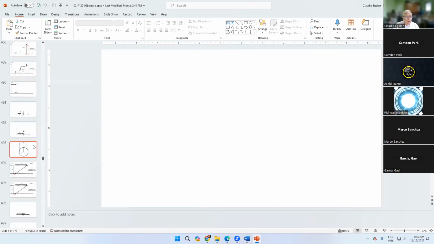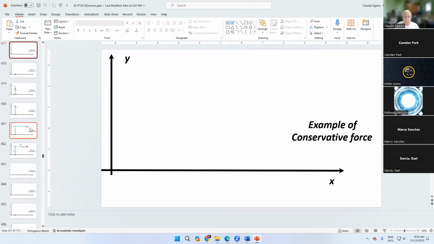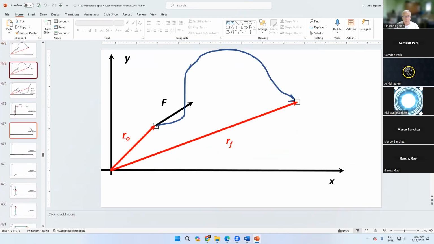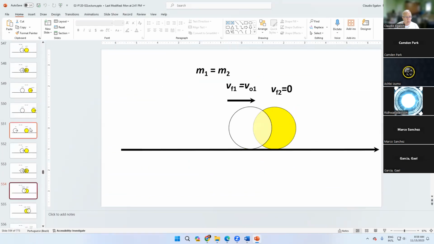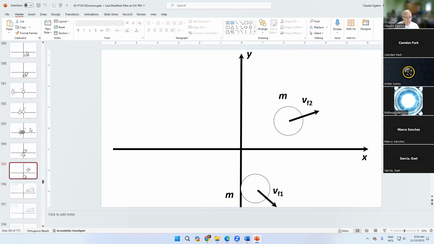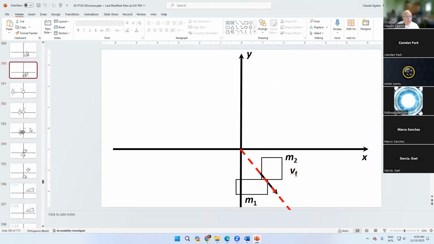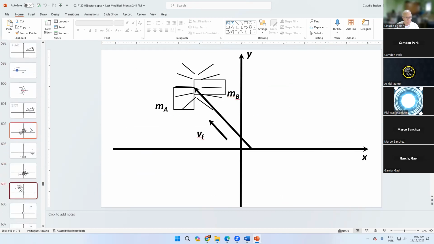Let's go down here. Nope, gotta go further down. That's linear momentum. That's collisions, right? Collisions.